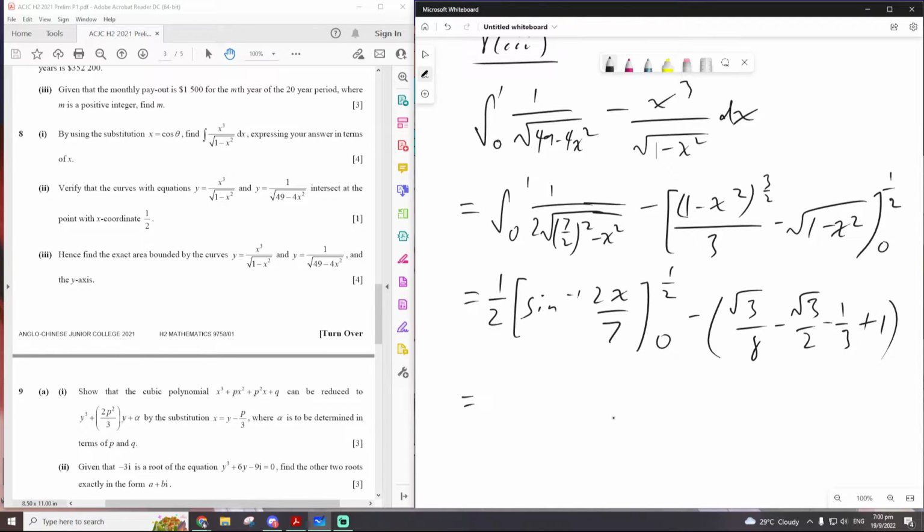So there's no nice answer for sine inverse of 1 over 7. Sorry. So you just leave it as half sine inverse 1 over 7 minus, okay, and then you figure out what this is. This is three root 3 over 8. Let me just bracket this to make it clear. They're separate. Plus 3 root 3 over 8.